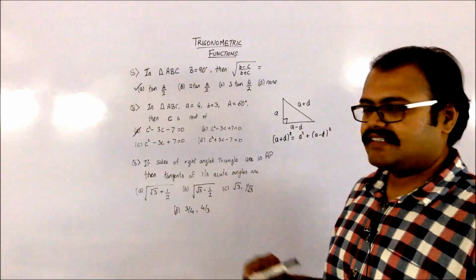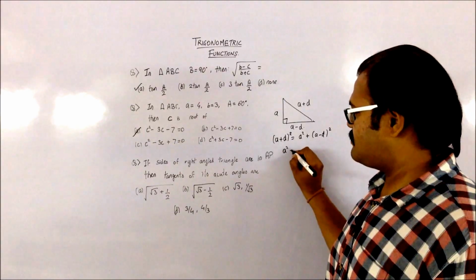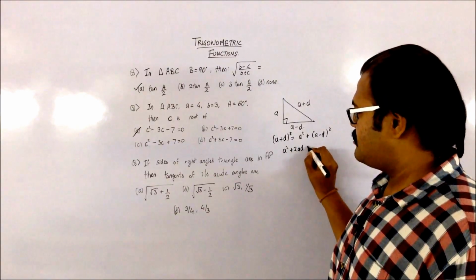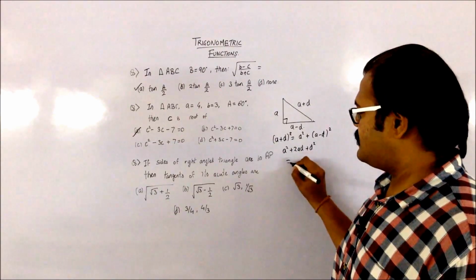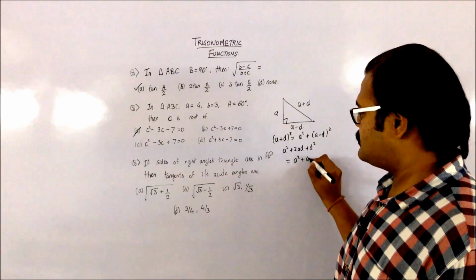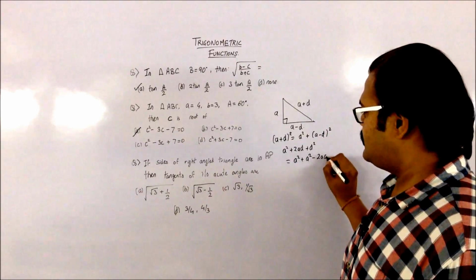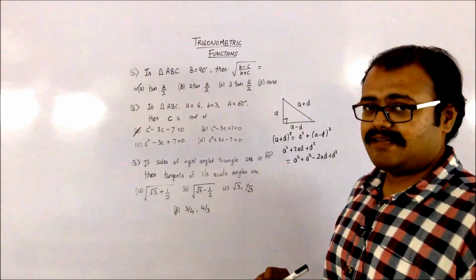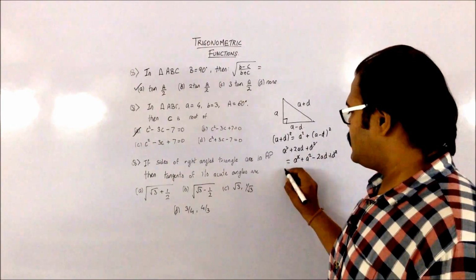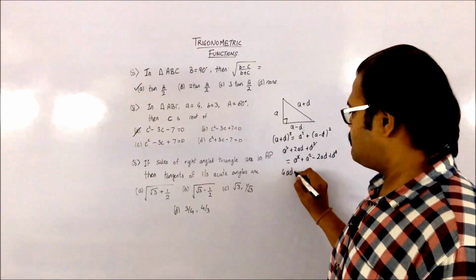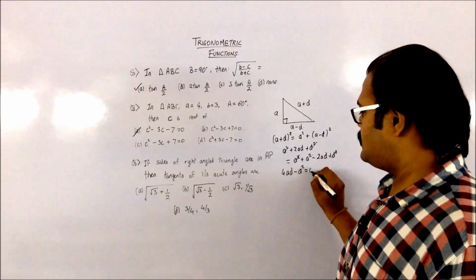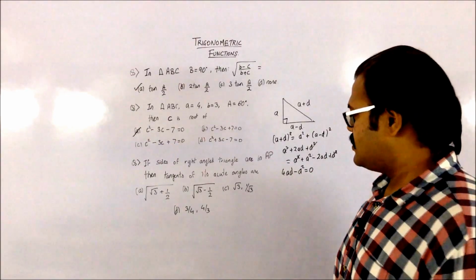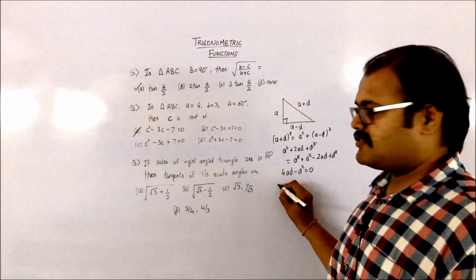So expanding this, I will be getting A square plus 2AD plus D square, which is equal to A square plus A square minus 2AD plus D square. So eliminating the terms, I will be getting 4AD minus A square is equal to 0. So I can take the A common from here.